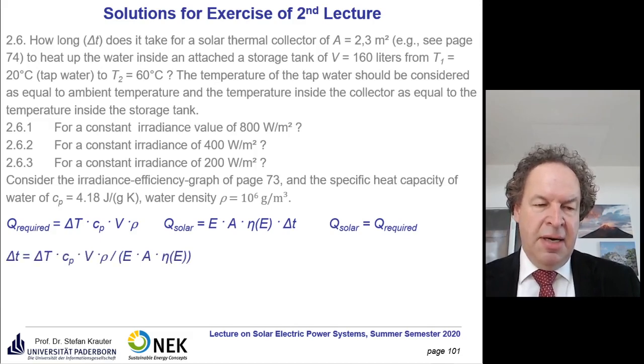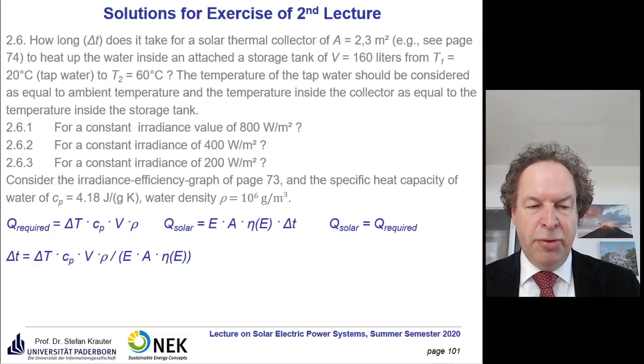The time required to achieve that is the temperature difference multiplied by the heat capacity of the water times the volume times the density of the water rho, divided by the irradiance value E, the area and the conversion efficiency at a certain irradiance value.